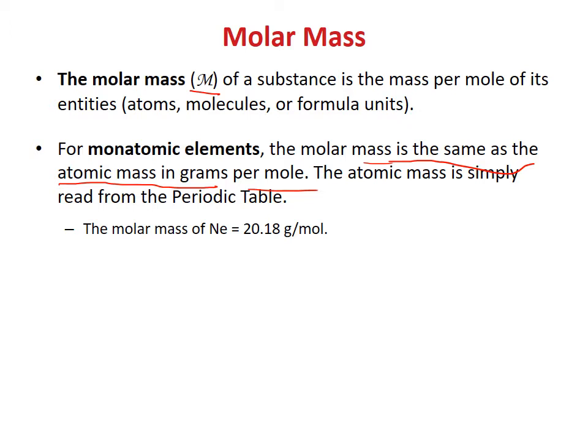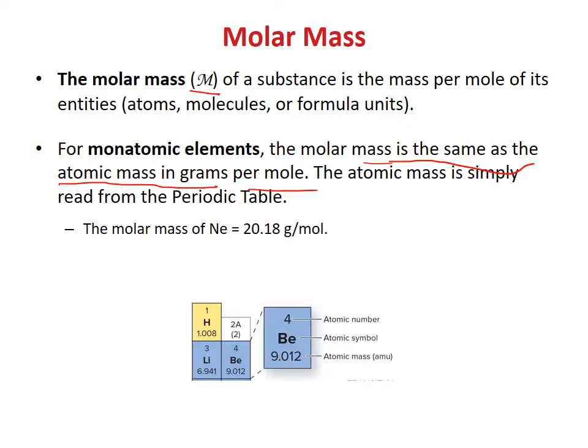For example, in the last chapter, we learned that in the periodic table, the numbers give you atomic mass unit. For example, beryllium has the mass 9.012 atomic mass unit. And now we know that 1 mole of beryllium weighs the same number but in gram.